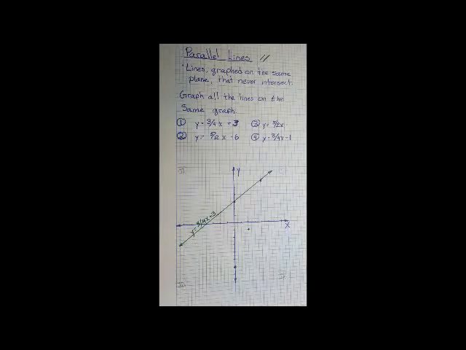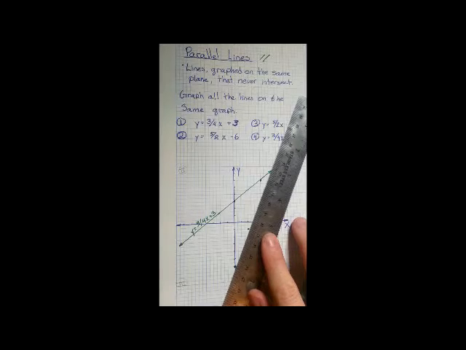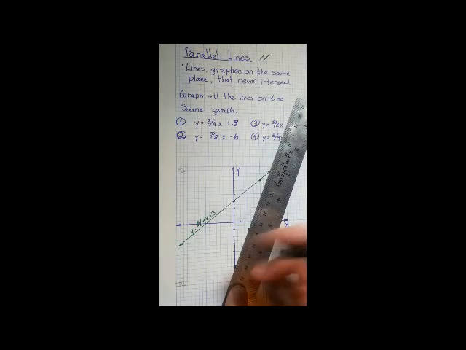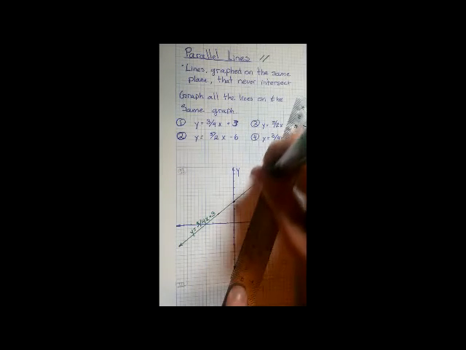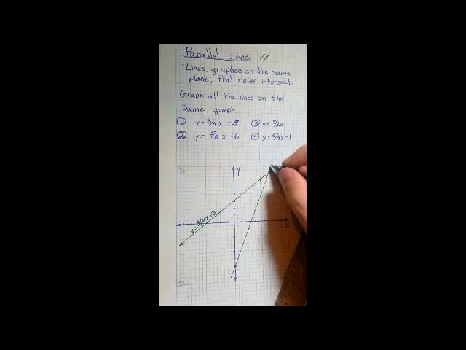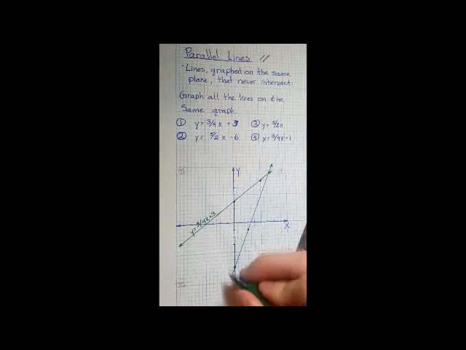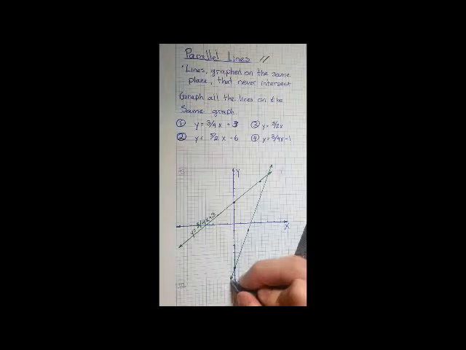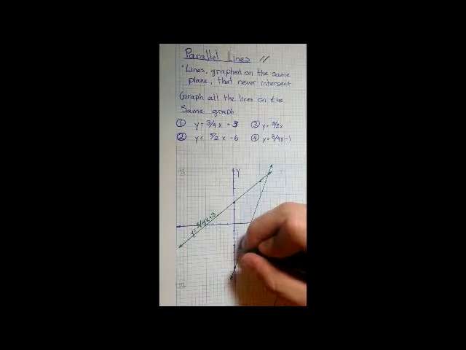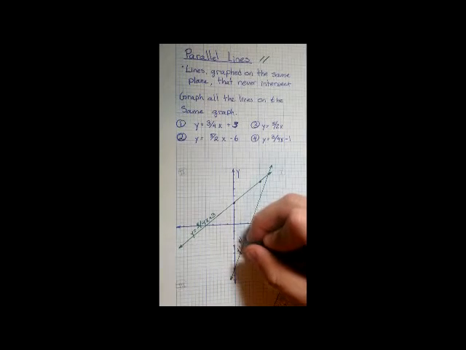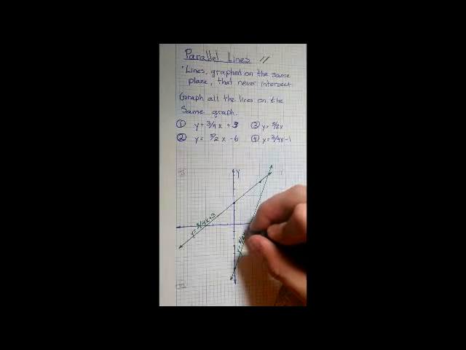We have our 2 points. Connect the dots. Label it. Y equals 5/2 x minus 6.